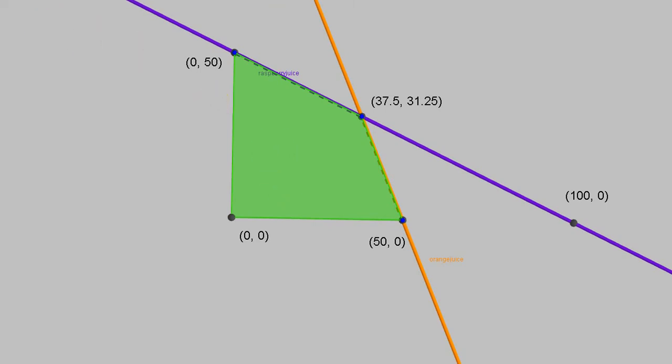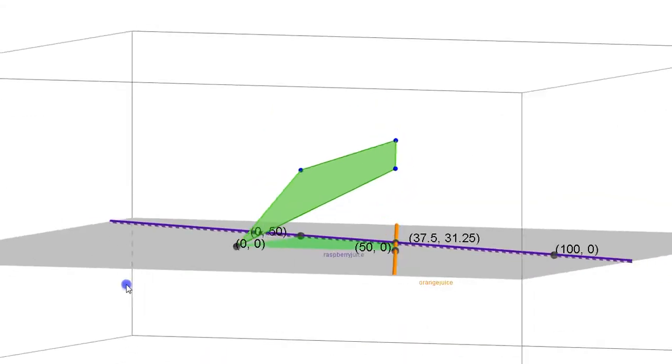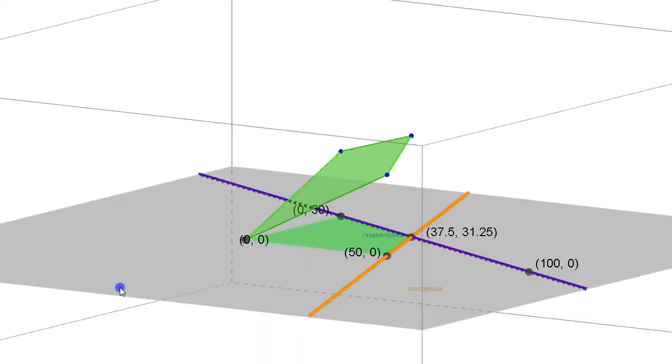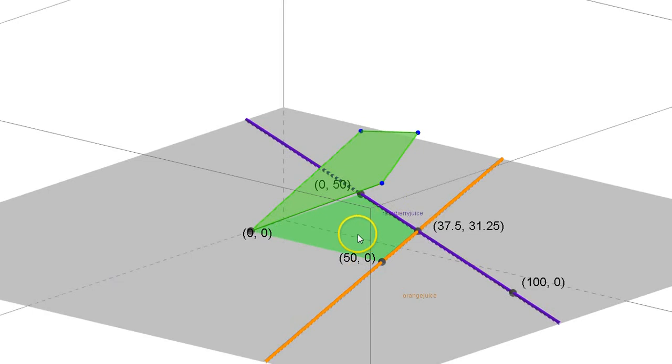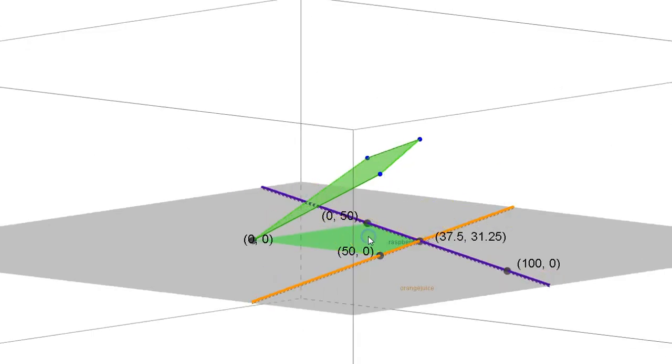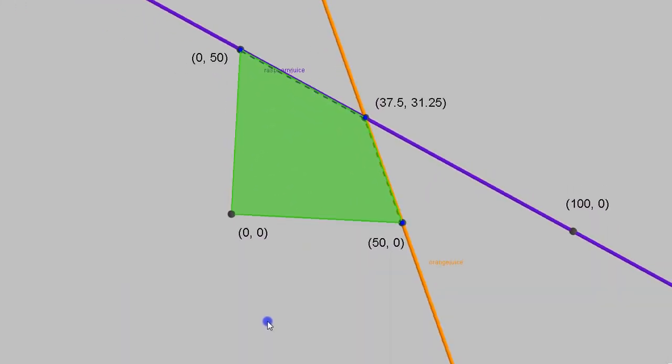So I'm going to go ahead and start popping this up into 3-dimensional space. So you can kind of see here, this gray area is the XY plane, right? So this right here, this shadow, was what we were actually graphing. We were just on the X and Y plane. We were nice and flat, and that's why when I looked straight down, it looked 2-dimensional.